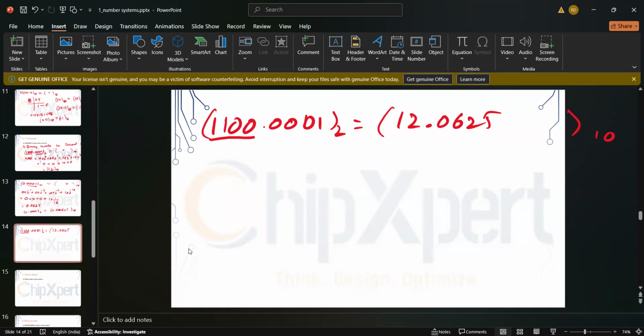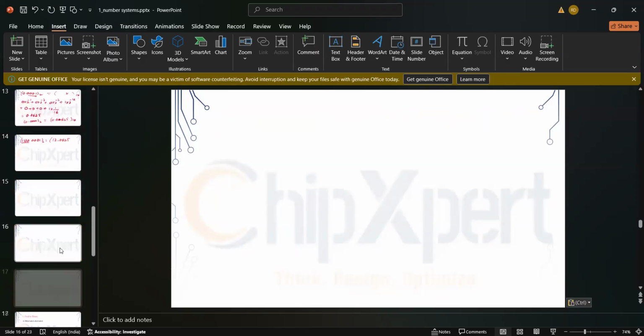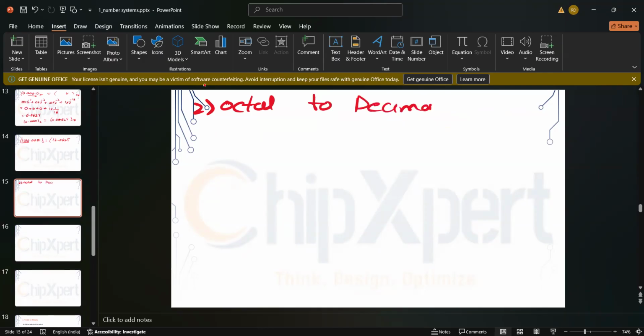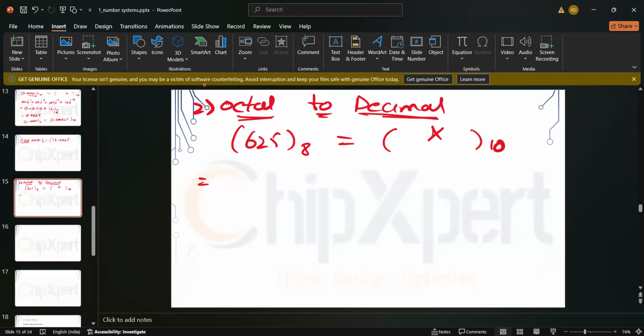So the next conversion is octal to decimal. How am I going to do this? My octal number is 625. I need to convert this number to decimal format. For this, I am going to multiply this number with powers of 8.